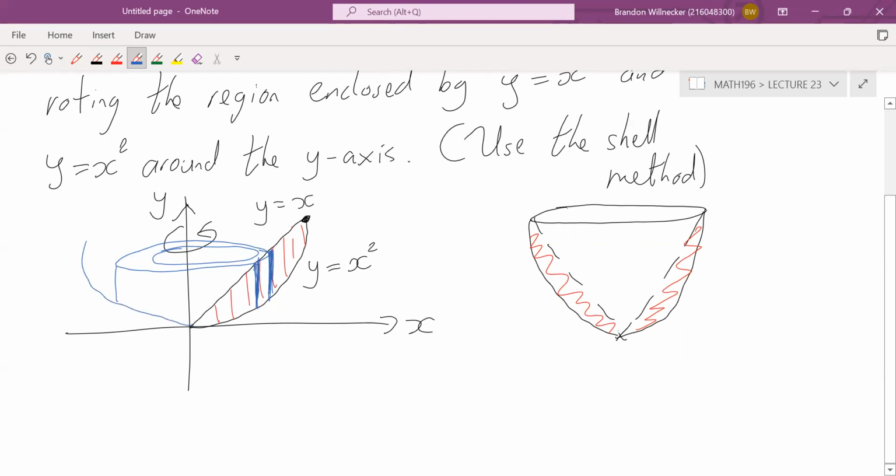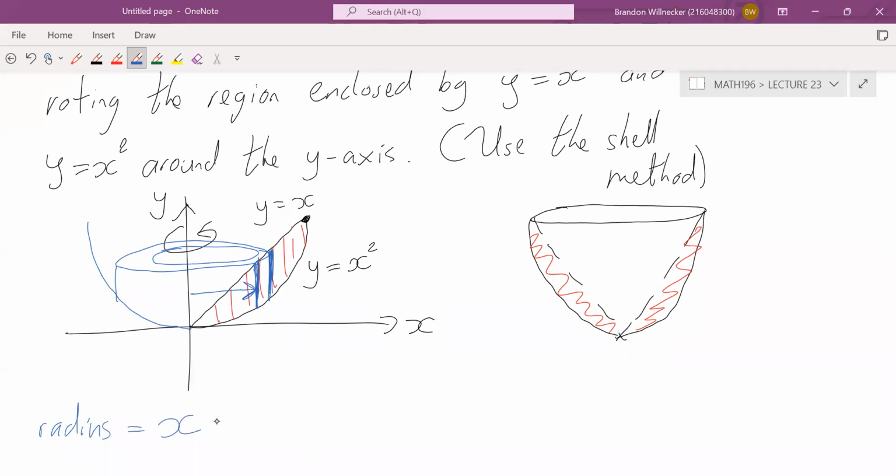And there's the rest of the parabola going that side. Okay, so we need to find the radius. That's this distance here. Of course, that distance is just x. The distance from the y-axis to the point along the x-axis, that's just x. So the radius is just x.